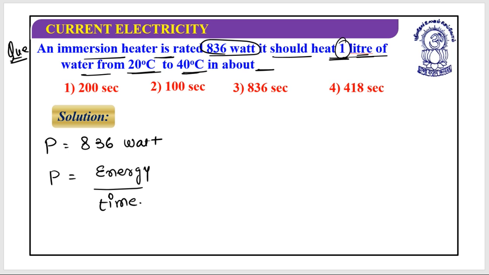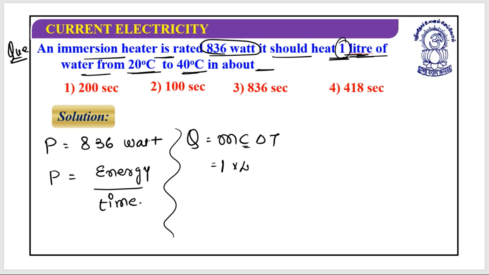If you remember the thermal properties of matter in class 11, when you were doing calorimetry, calorimetry says that a certain amount of energy is required. Q is equal to m c delta T. Let's say 1 liter of water is approximately 1 kg of water, or in reality it is 960 gram of water, but let's assume this as 1 multiplied by c, the specific heat capacity of water.